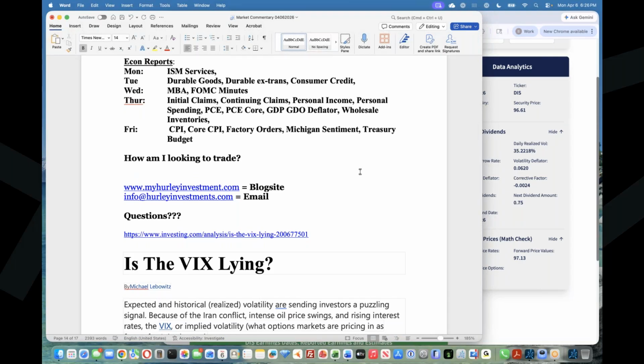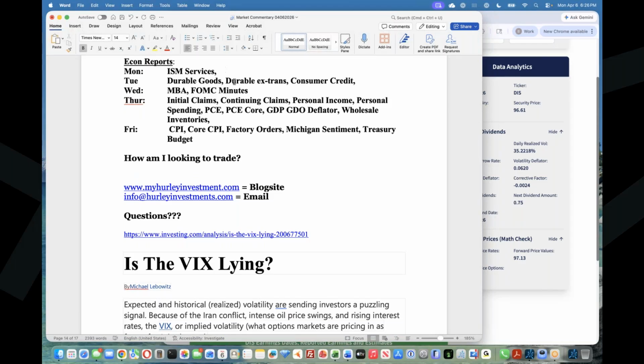Tomorrow we've got probably durable goods and some consumer credit. There's some information that's coming out, but I don't think it'll likely affect the market as much as whatever happens with the Iran deadline in the evening.